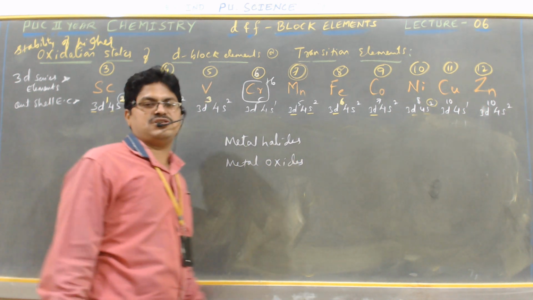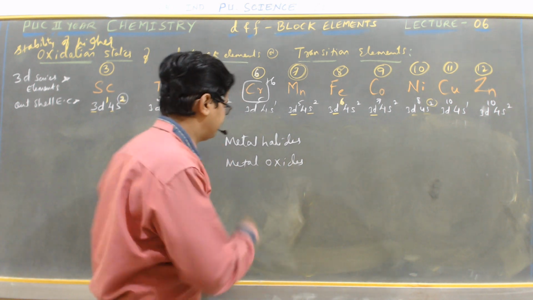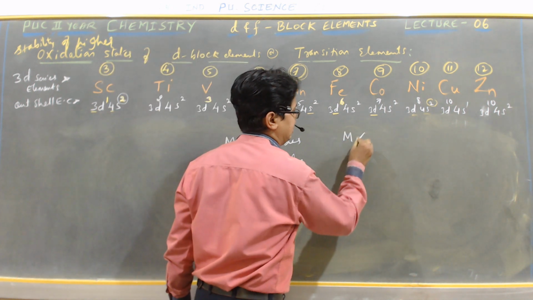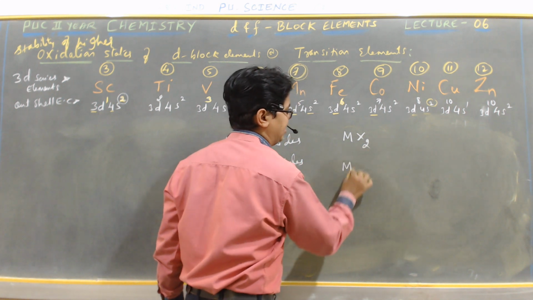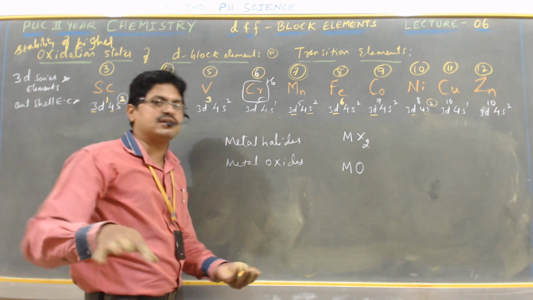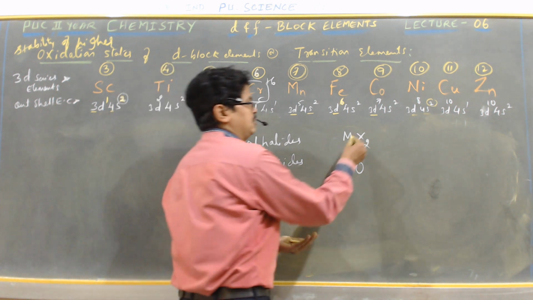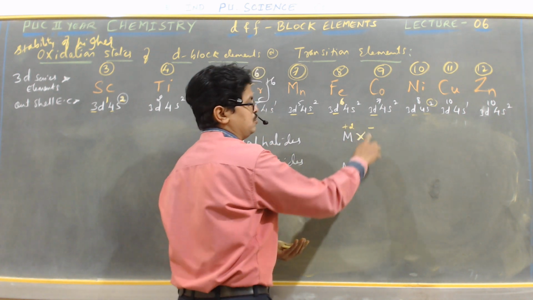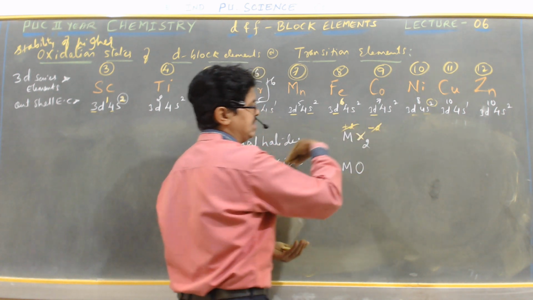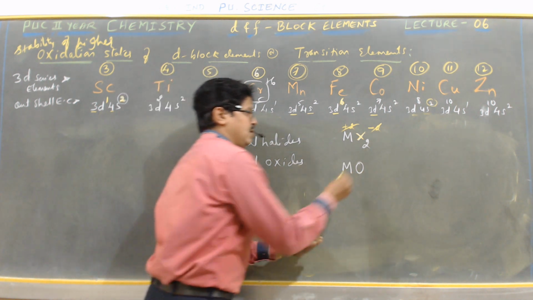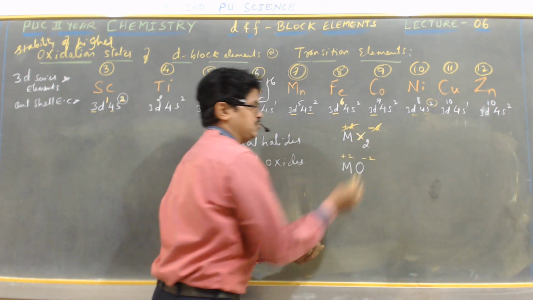Let me write MX2, and for example MO, where M is the transition metal. With respect to halide, X minus, M is plus 2, so 2 X become minus 2, and plus 2 minus 2 cancels. In the metal oxide, oxygen is minus 2, M is plus 2.